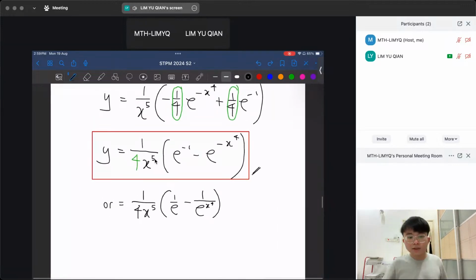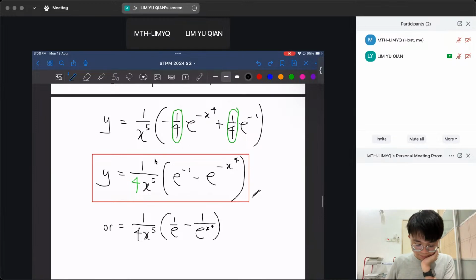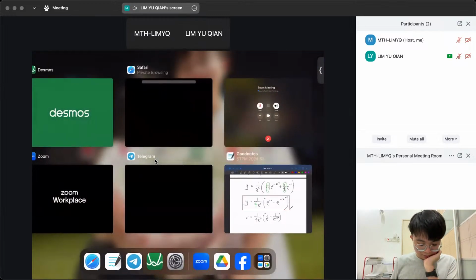Alright, let's check our final answer. Is it correct or not? There's a tip to check this: you can plot in your decimal.